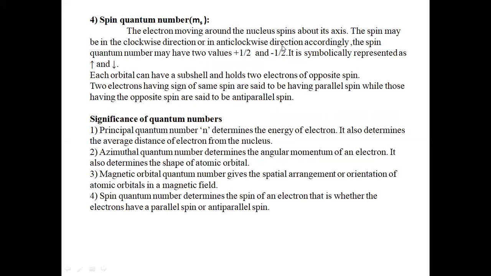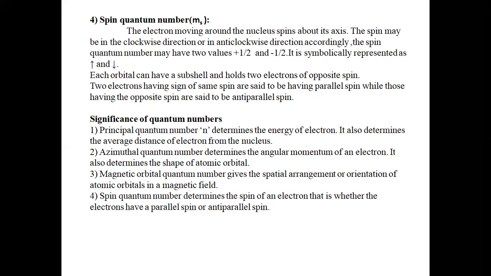From the atomic theories we understood that there will be a nucleus at the center of the atom and electrons will be moving around the nucleus. And these moving electrons will have their own spin, and this electron spin may be either clockwise or anti-clockwise.